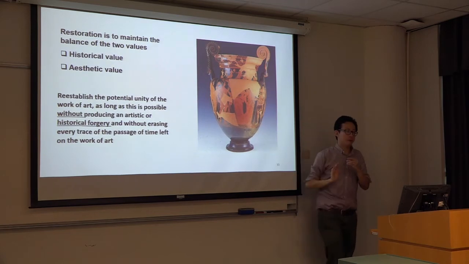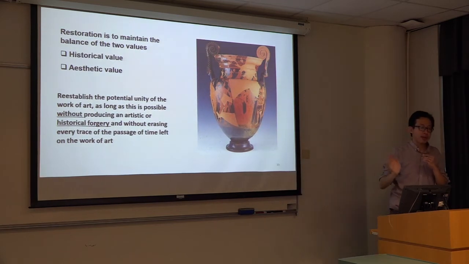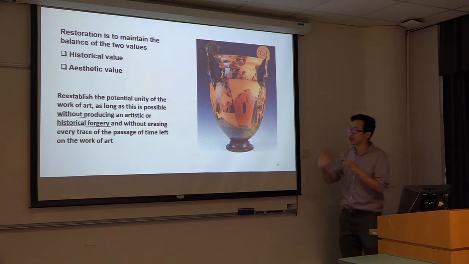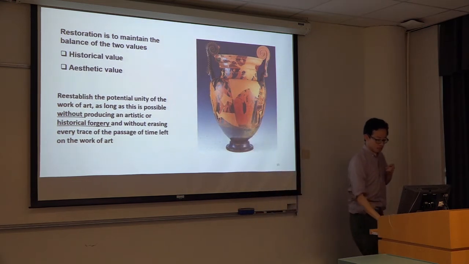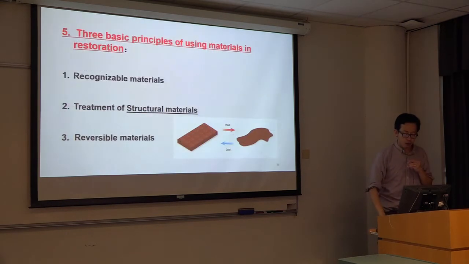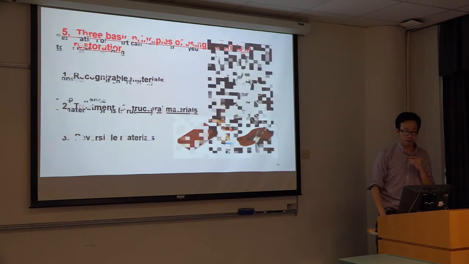That is called reversible. It basically means you can take the material off the surface without doing any structural or permanent harm to the cultural heritage. So in general, we have three principles: recognizable, related to structure, and reversible.